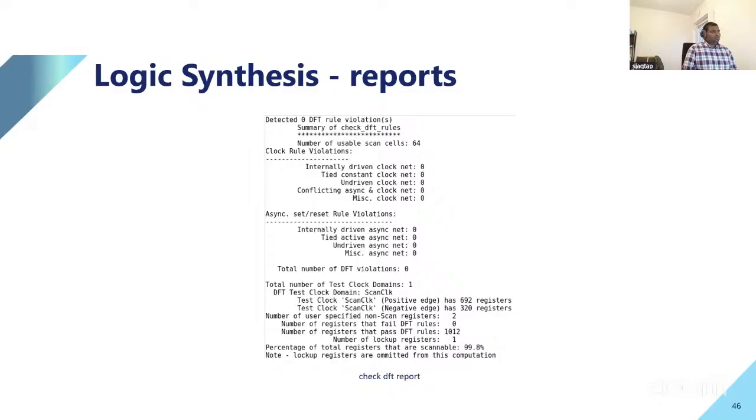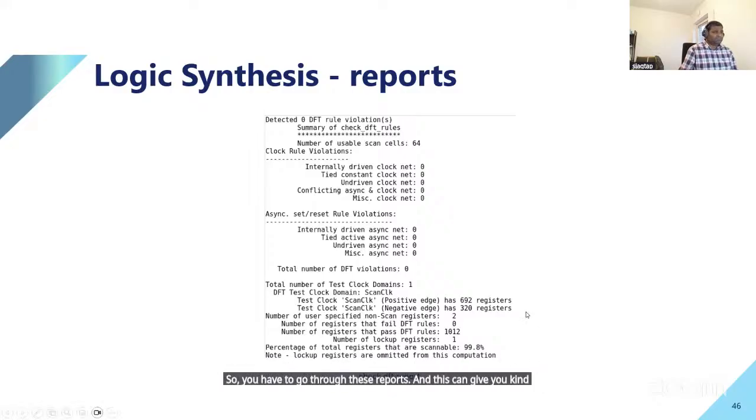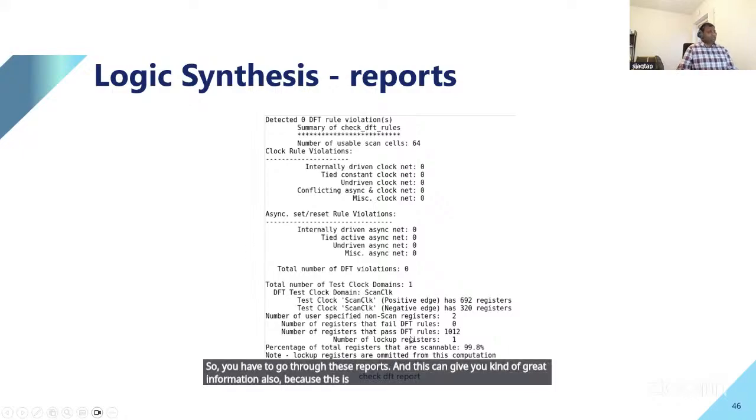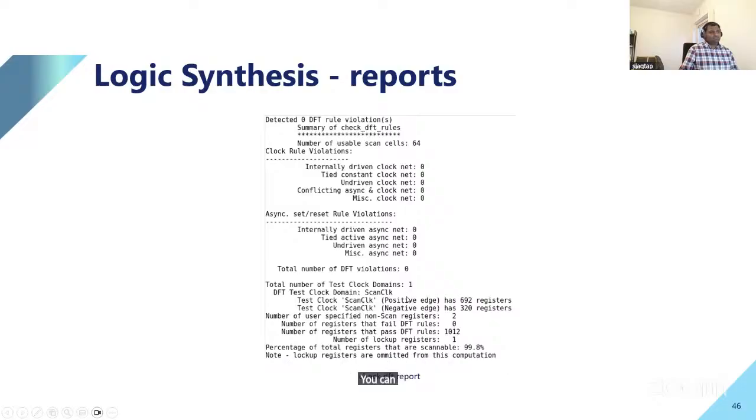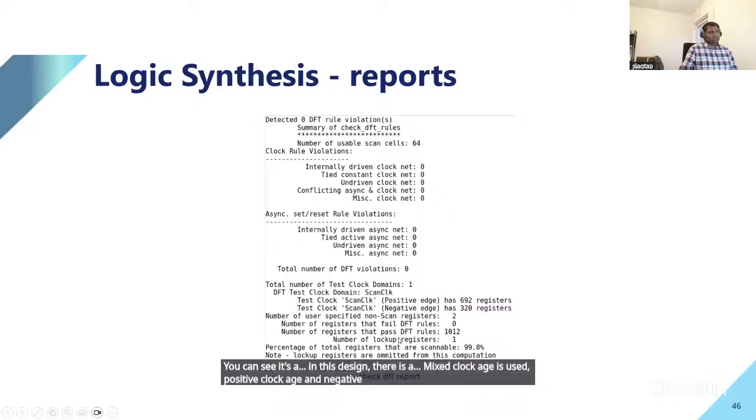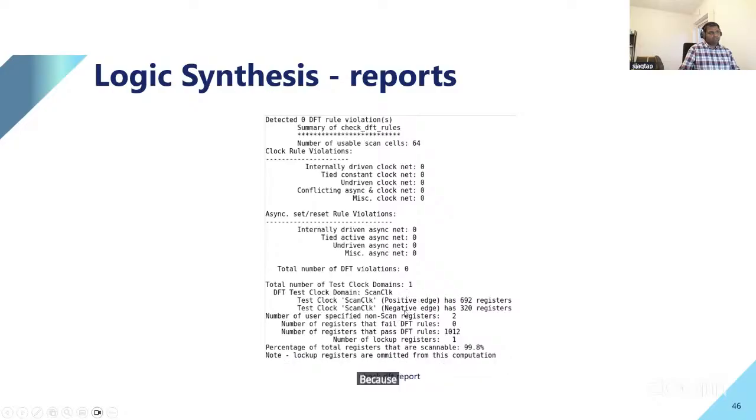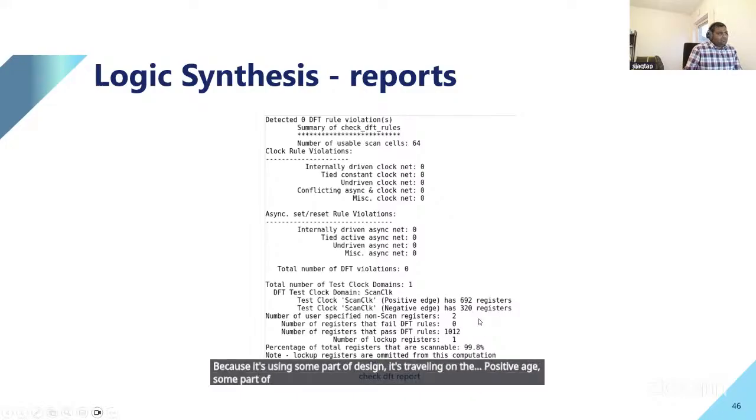So you have to go through these reports, and this can give you great information also, because this is a small design. It can tell you, this is the scan clock I'm using. You can see in this design a mixed clock edge is used, positive clock edge and negative clock edge, and that's why it says I have introduced one lockup latch, because some part of the design is toggling on the positive edge, some part on the negative edge.